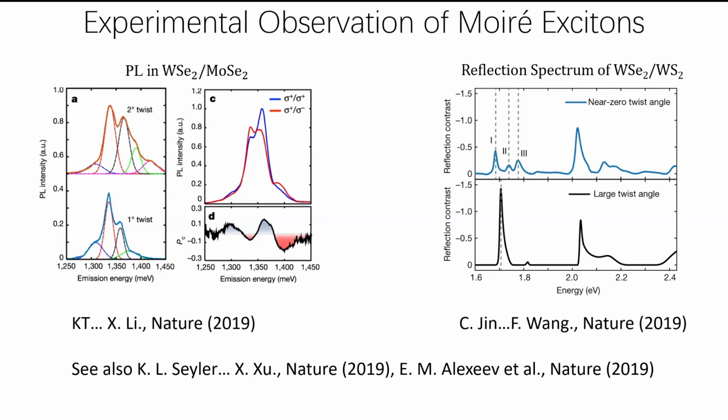At that time in 2019, it was mostly called evidence or signature, as you can find in these titles. But now I think this is well established, and Moiré excitons are there, and there has been a huge development following these works. There are Moiré polaritons and Moiré Rydberg excitons. The phenomena are quite rich.